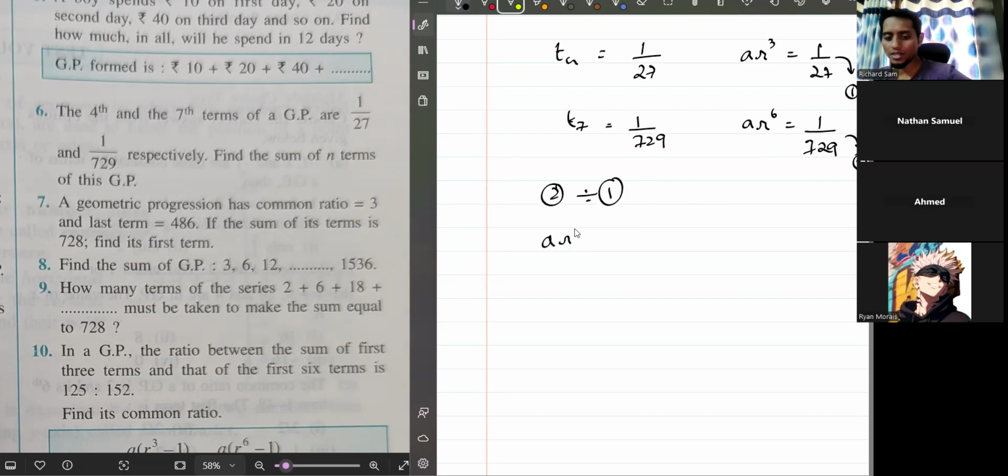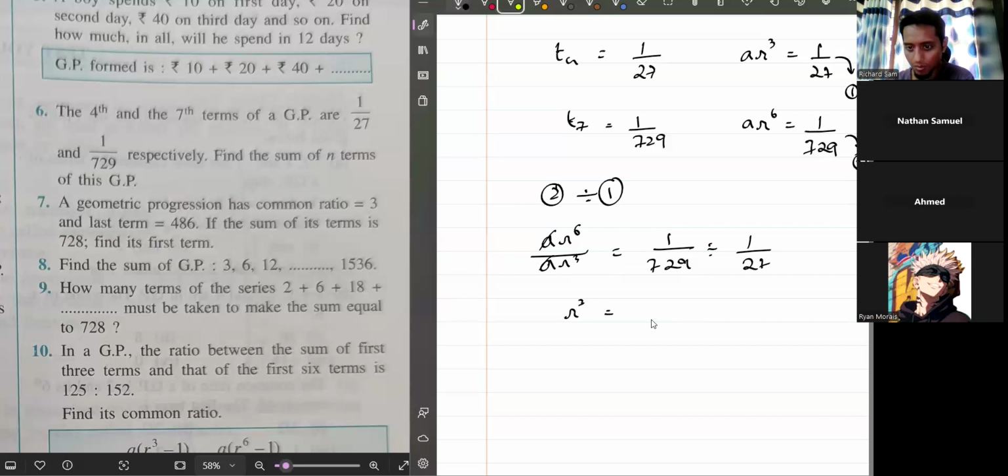So A r raised to 6 divided by A r raised to 3 is equal to 1 upon 729 divided by 1 upon 27. Understand? So here A and A will get cut. R raised to 6 upon R raised to 3 will become what? 6 minus 3, you subtract the powers. So that is R raised to 3 is equal to 1 upon 729, and we convert this division to multiplication and write it as 27 upon 1.